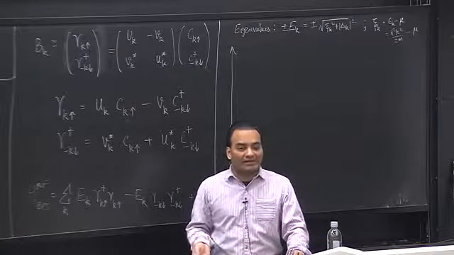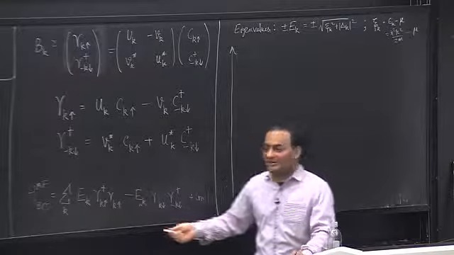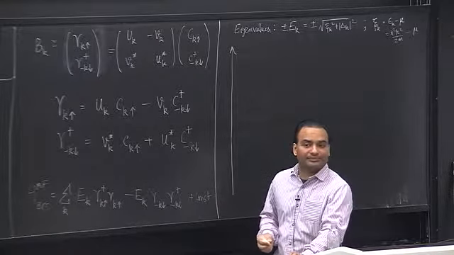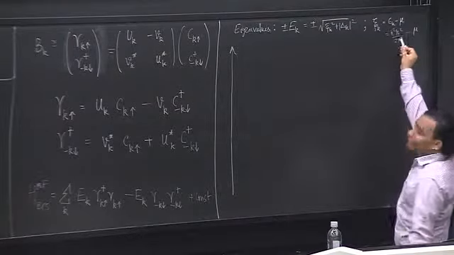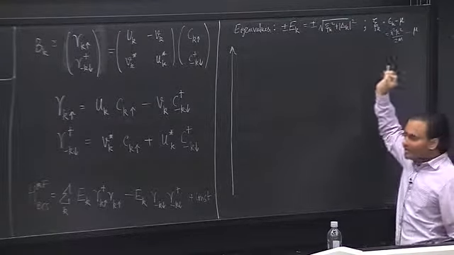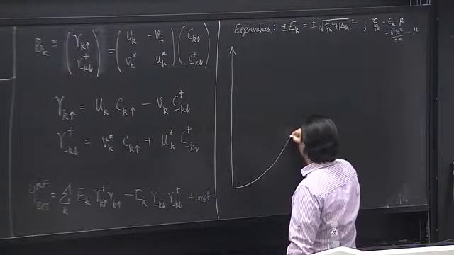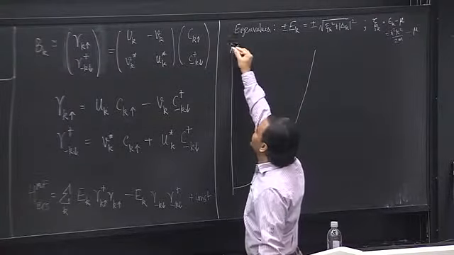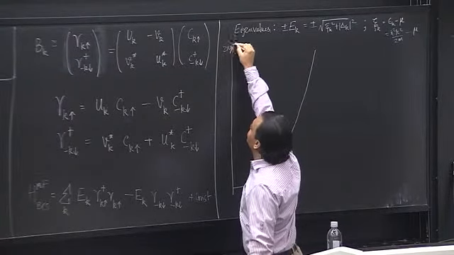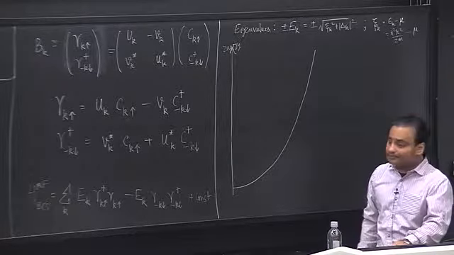So what we would like to do is to gain some intuition about these quasi-particles and quasi-holes. First we are going to start with the simple parabola. These are energies, and we are plotting it as a function of k.